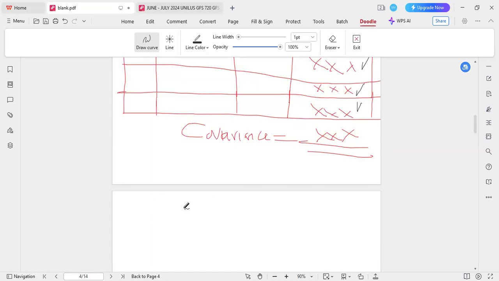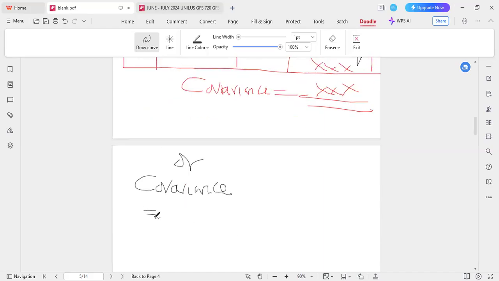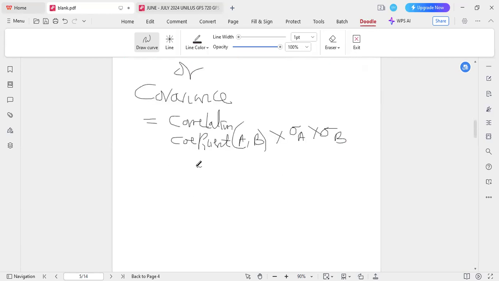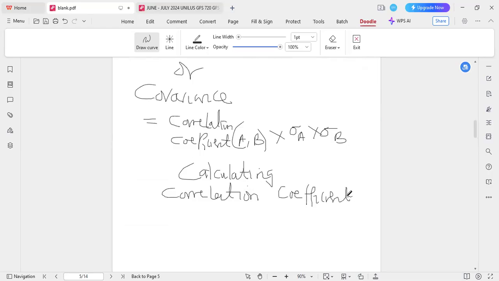And of course now, you can say covariance is equal to correlation coefficient of A and B multiplied by standard deviation of A multiplied by standard deviation of B. Then we are getting down to calculating what we call the correlation coefficient of two stocks.